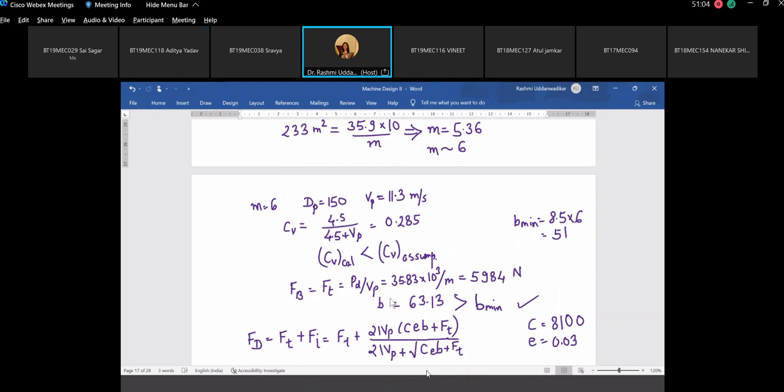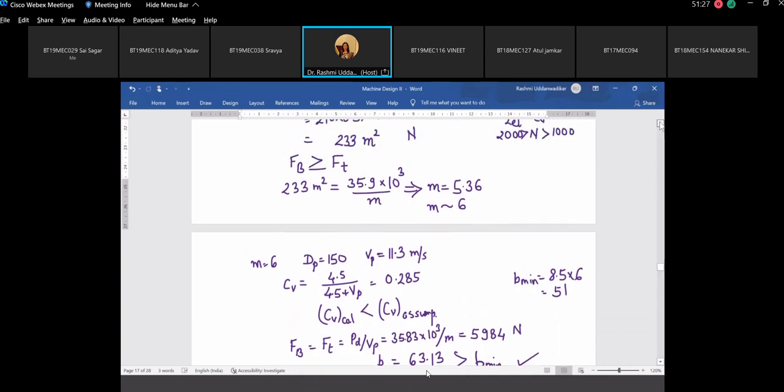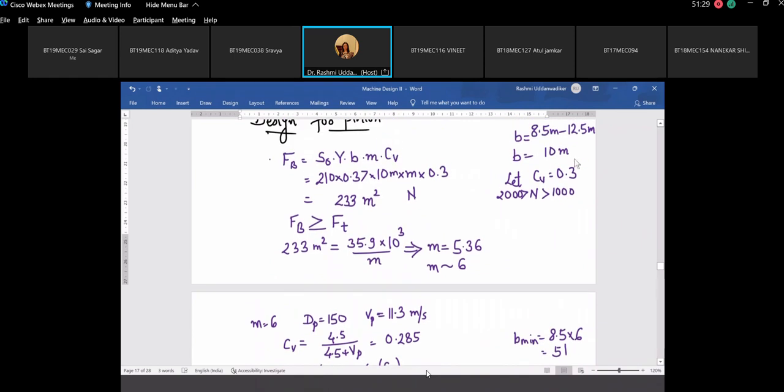have to calculate what is B and whether this is greater than B minimum or not. Because initial value of B minimum was assumed as 10 m. It can be anything between 8.5 m to 12.5 m. And so this value 233 m square, this is again an approximate value. Since m was unknown, B was unknown, in this particular formula, CV was also assumed, B was also assumed.